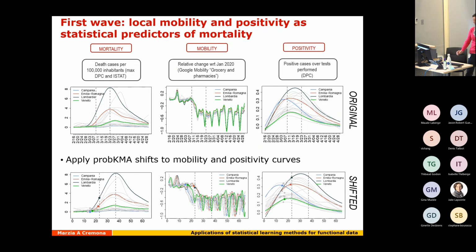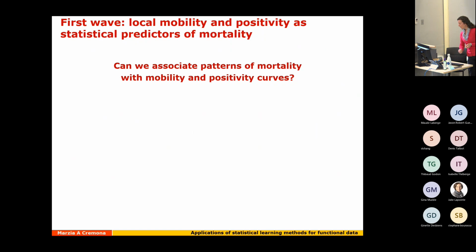We had one problem. We had to align these mortality curves because of the different times at which the epidemic started in the different regions. So we applied the same shift to the mobility and positivity curves to keep the timing between the different data sets. And the question was, can we study the correlation, the association between mortality, mobility, and positivity?